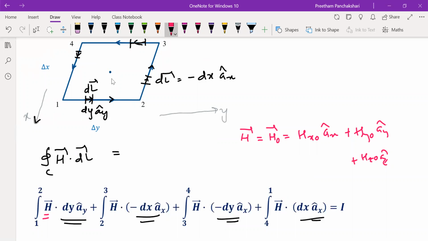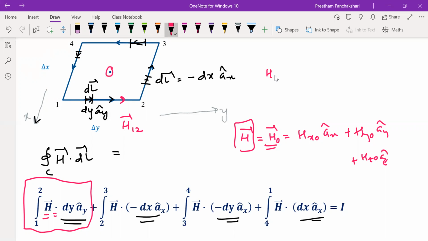And all these 3 components are defined for the center point. But we want H over path 1 to 2 because this first integral is performed over the path from 1 to 2. So we have to find H on the path 1 to 2, right? See the arrow mark and see the dot product here. This H, which is defined at O, can also be defined on the path 1 to 2 as H12.